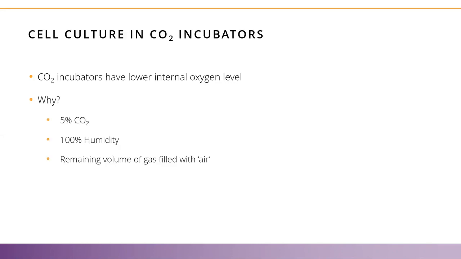Why? Of course, 5% of the volume in the incubator is taken up by CO2. And this 100% humidity also takes up a volume of gas. And this remaining volume, the air, is then available for the cells, and also meaning the available amount of oxygen.